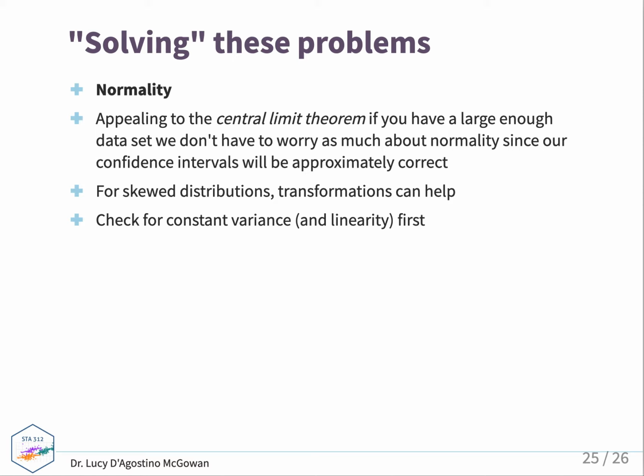Again, these are problems when you're trying to use hypothesis testing or confidence intervals. And for normality in particular, because we have the central limit theorem, we don't need to be as worried about this as our sample size gets bigger.